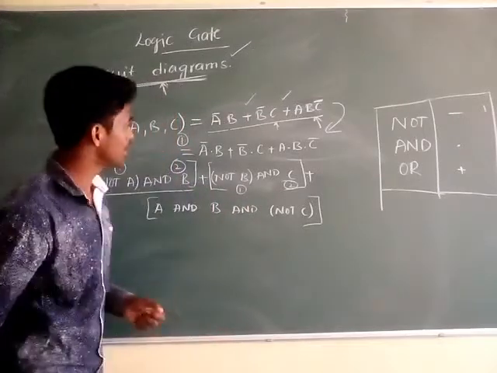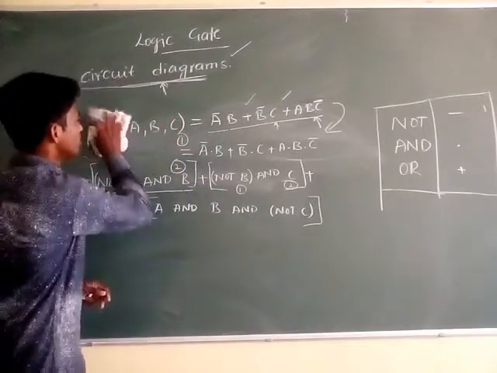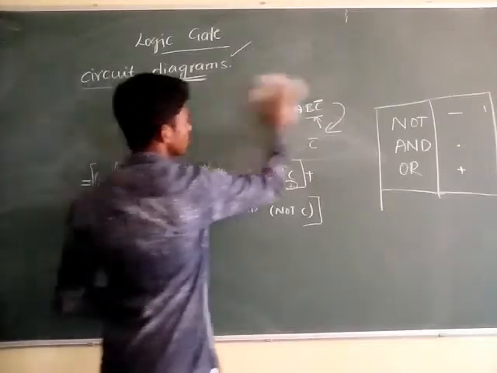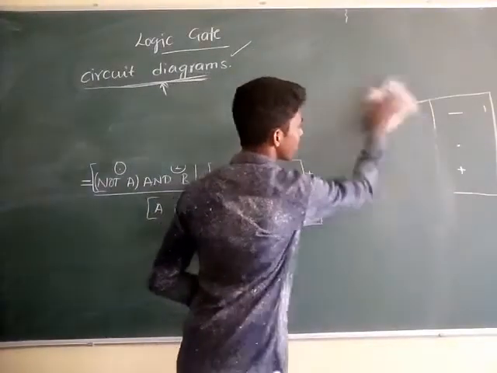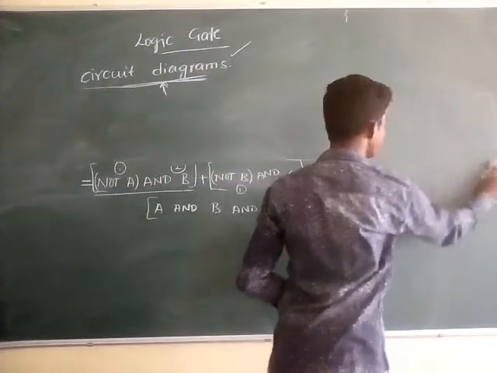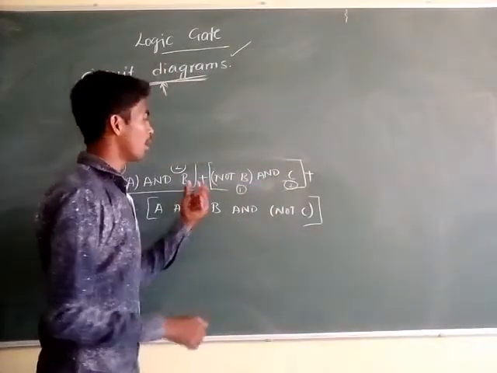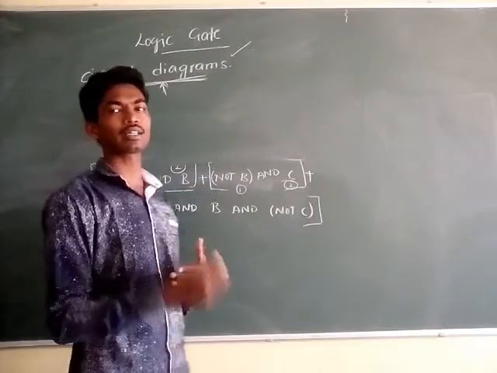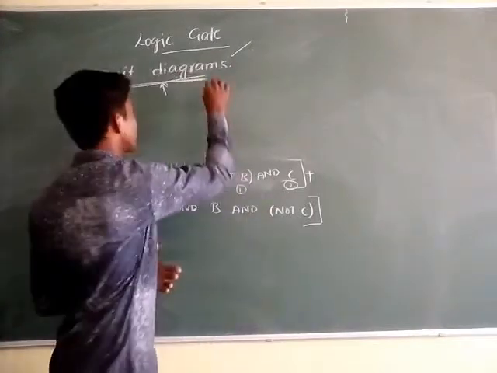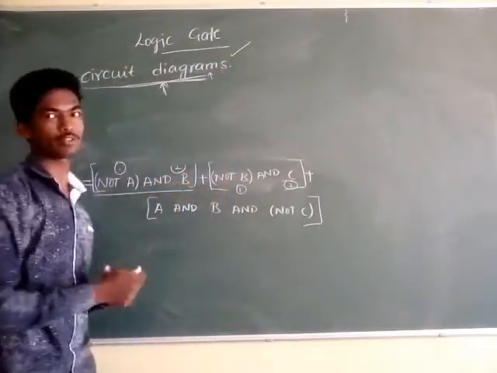Let us draw that one. Here I will draw. This is a simplified form, so you can easily understand how to draw the circuit diagrams. In the learning stages of drawing the circuit diagram, you have to follow this method.